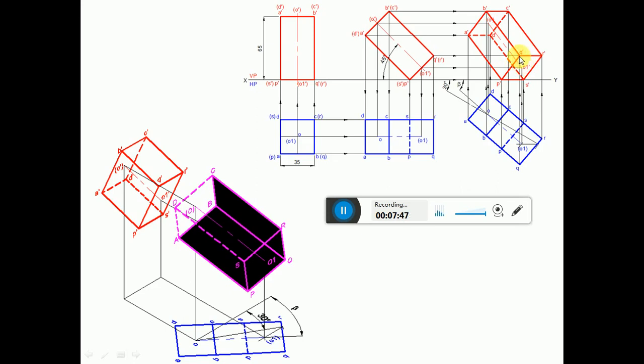From a point, if any one of the edges is visible, then automatically all other edges emanating from that point will be visible. So applying that rule, since P dash Q dash and Q dash R dash are visible, naturally B dash Q dash becomes visible. So this becomes a visible edge.